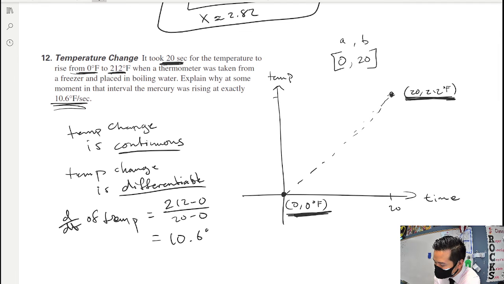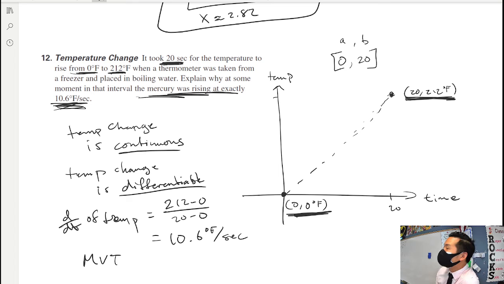So why can they say that at some point the mercury is rising at exactly 10.6? By what? What are we using? The mean value theorem guarantees it. Remember, that's the whole point.